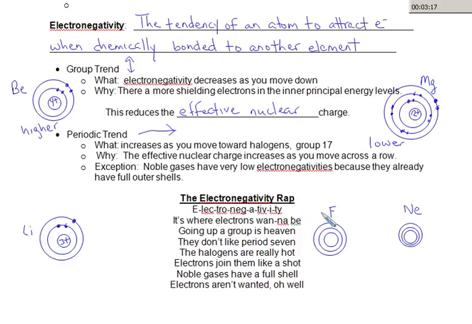There's our 1 valence electron. Fluorine, we've got 9 protons in our nucleus. Remember, because we have more protons in the nucleus, that first principal energy level has been pulled towards the nucleus. And the same thing occurs with the valence shell. It is pulled closer to the nucleus.